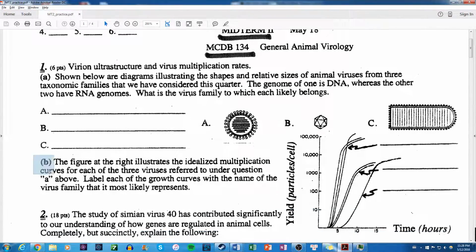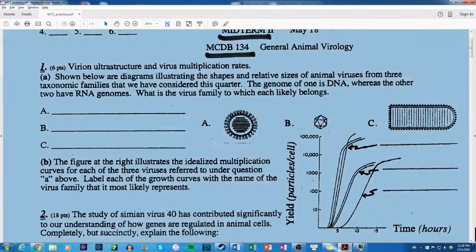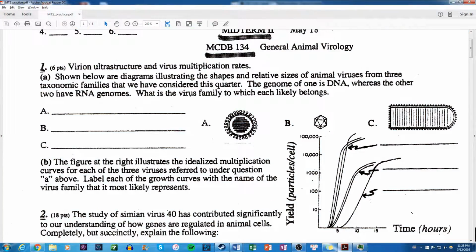This question right here is asking, out of these 3 that we've labeled, where on this growth curve are they? This is actually one of the handouts that Dr. Sears provided, one of the handouts from week 2.